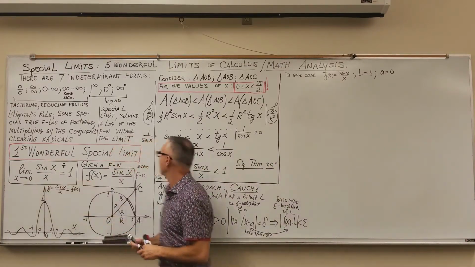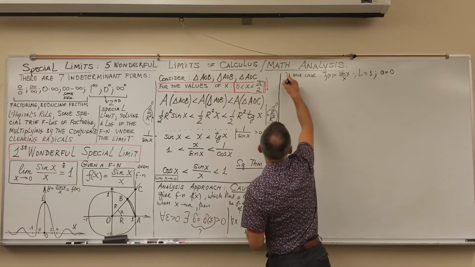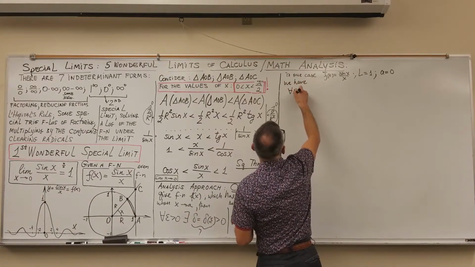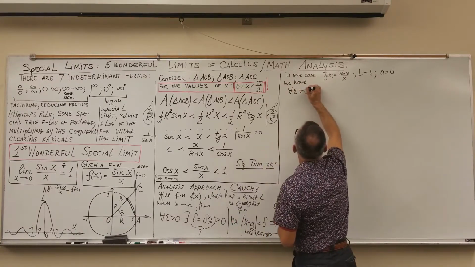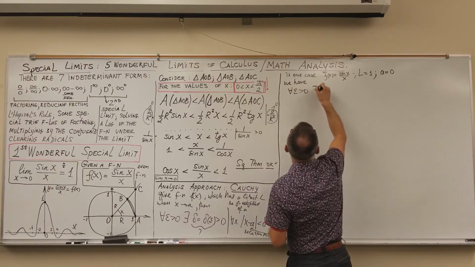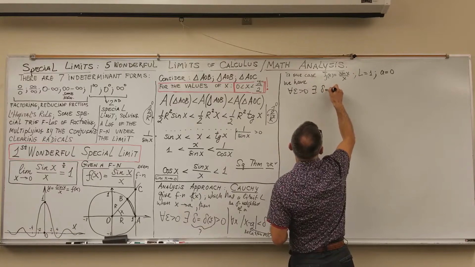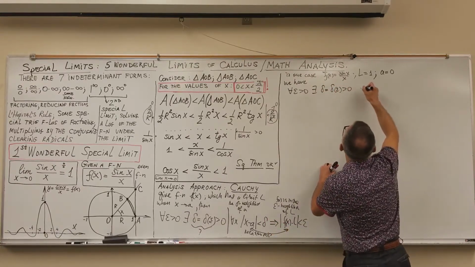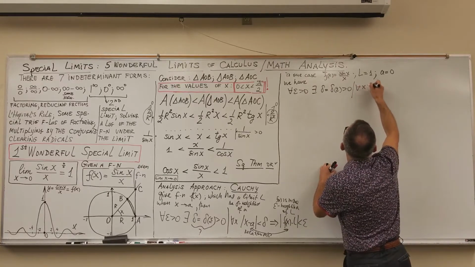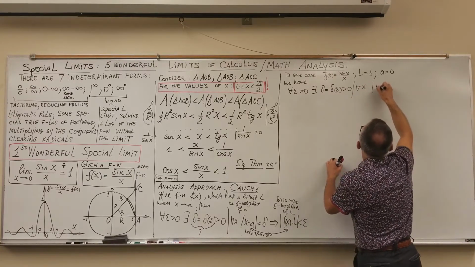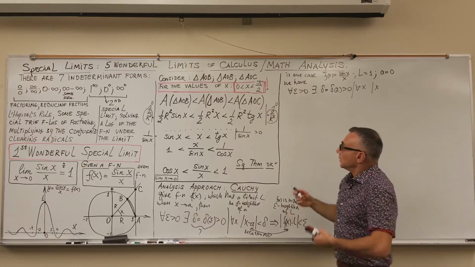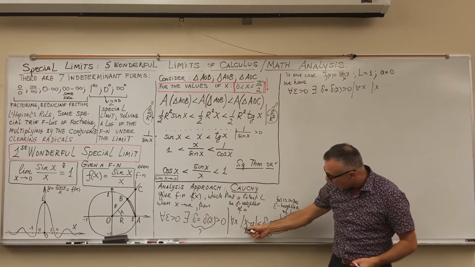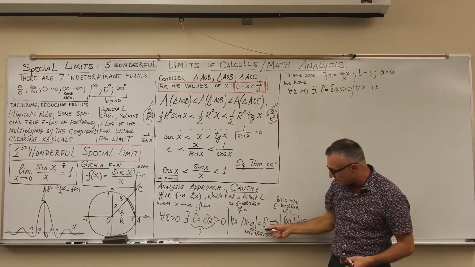So we have, in our case, for any epsilon more than 0, there exists delta depending on epsilon, also positive, such that for any x in the delta neighborhood, the absolute value of x minus 0 is less than delta.